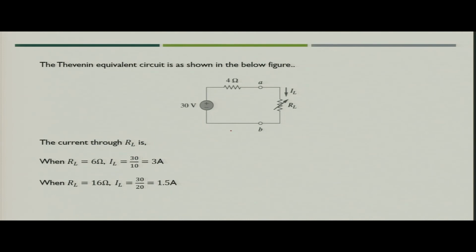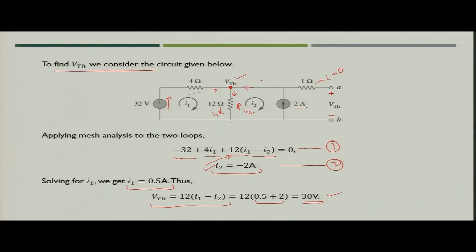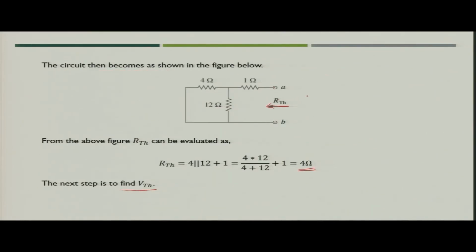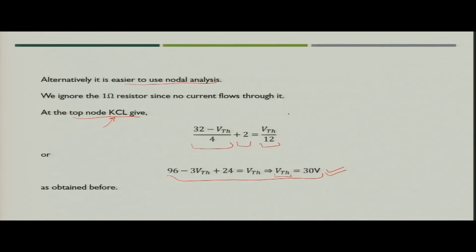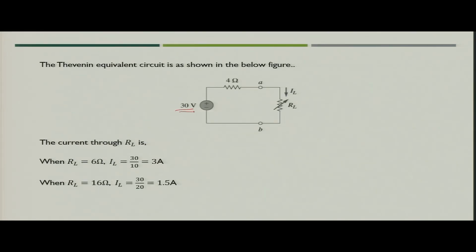Now, the equivalent circuit of the figure which we discussed is 30 volt, that is VTH, and 4 ohm, that is RTH, and across the terminals A B you apply a variable resistance, where you have to find the load current for 6 ohm, 16 ohm and 36 ohm.